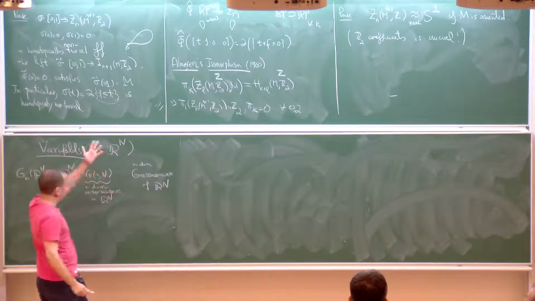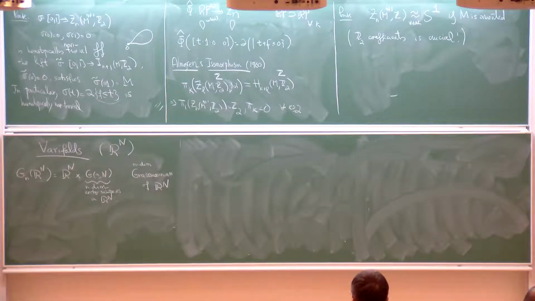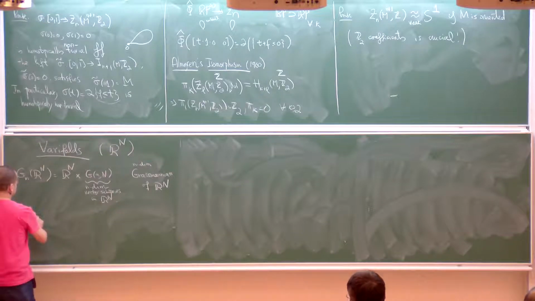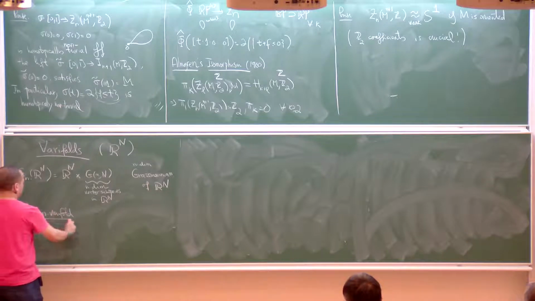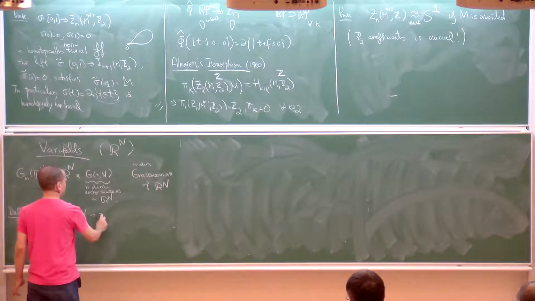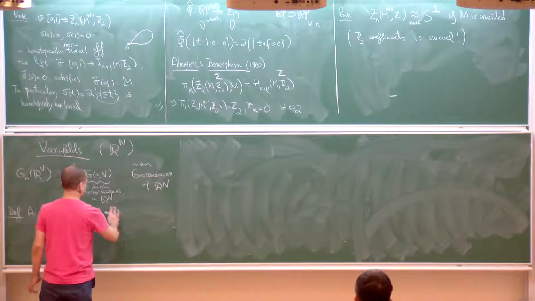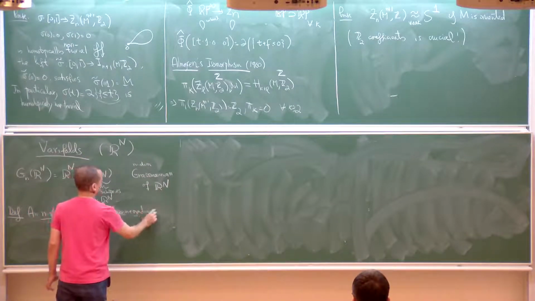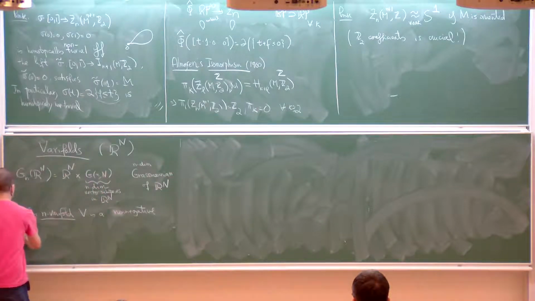So then the definition is that you say a varifold V is just a non-negative Radon measure on the Grassmannian.